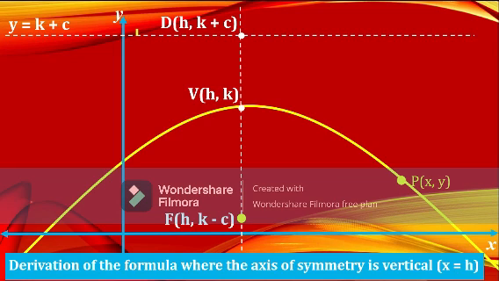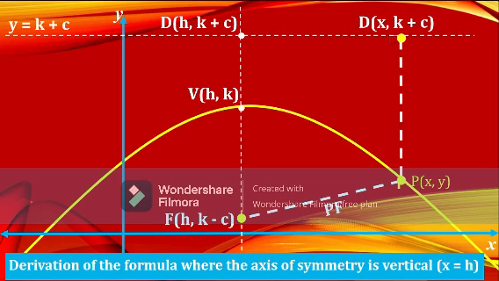So we have the point (x, y), this one, and then going to the focus, we will have PF. This is just simply the same procedure as the first way of deriving the formula. And then we will have a point here towards the directrix, perpendicular to the directrix.